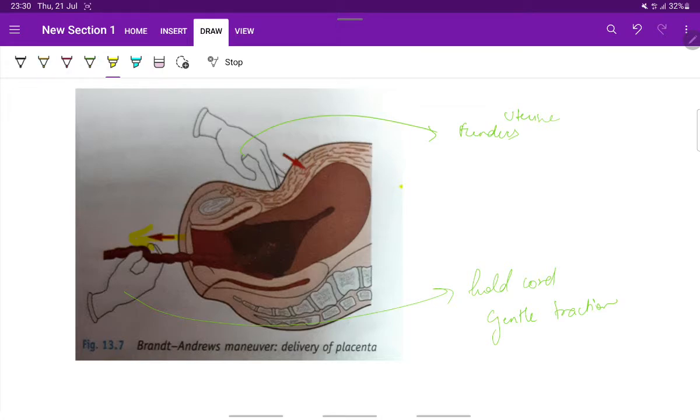There is a gentle traction in this direction so that the placenta separates and comes out, and thereby it is expelled.